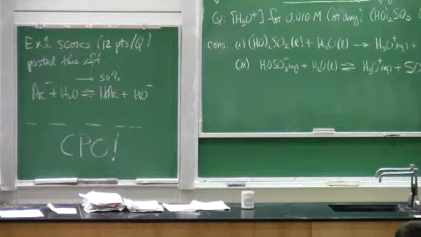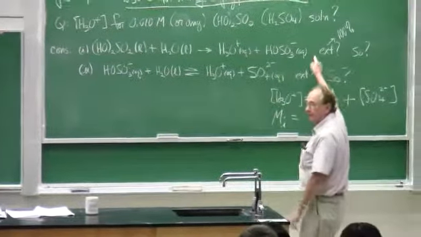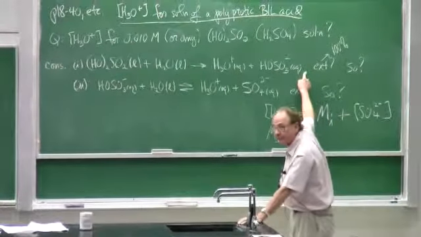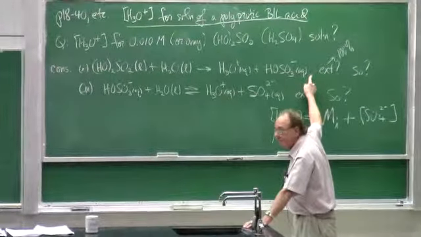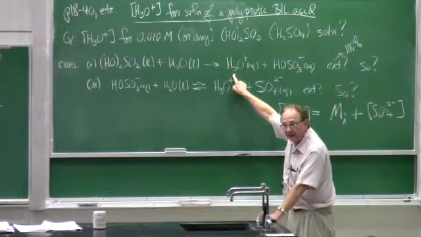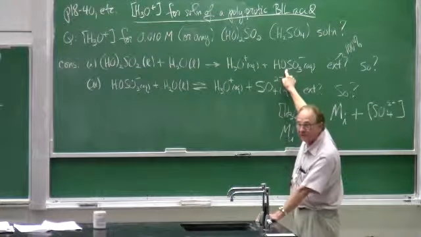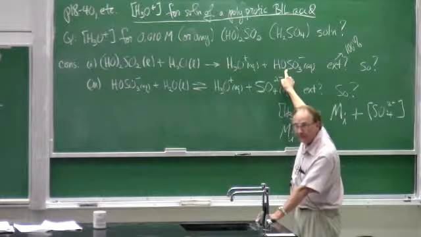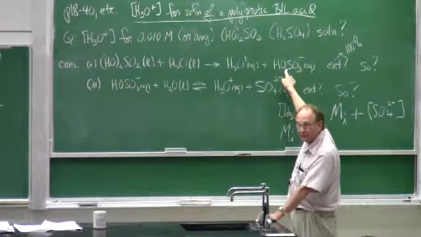First reaction goes 100%. So after the first reaction, the value for the concentration of this is M sub I. And the value for the concentration of this is M sub I after the first reaction.